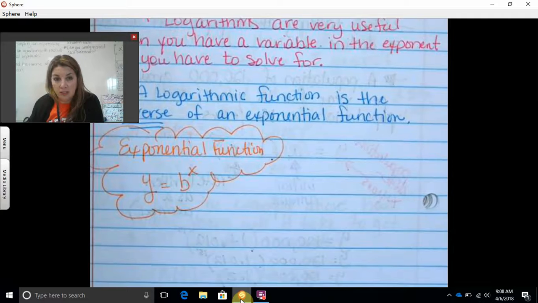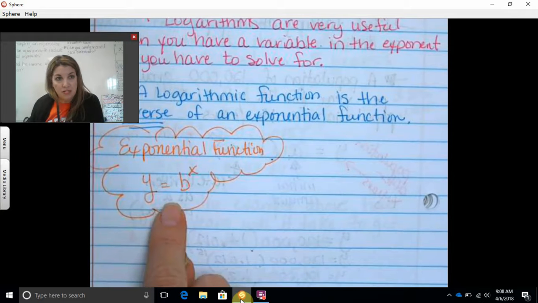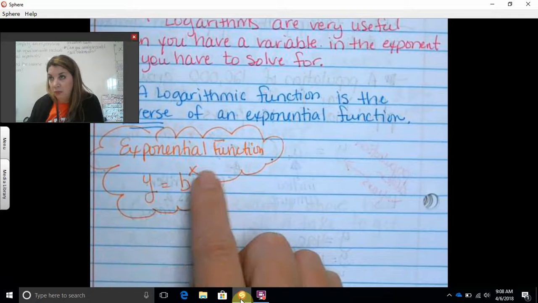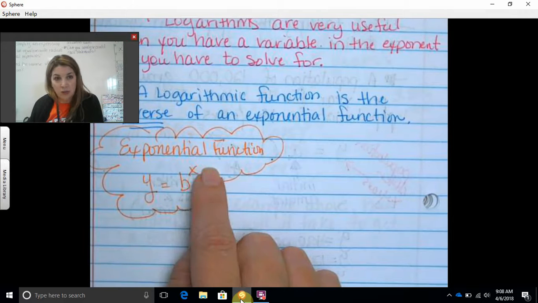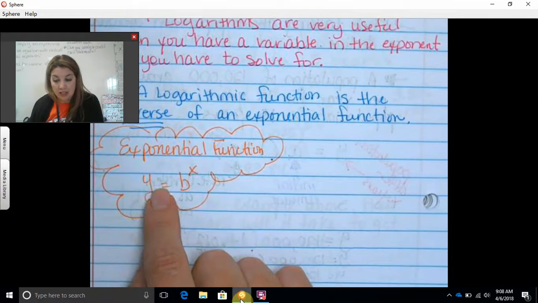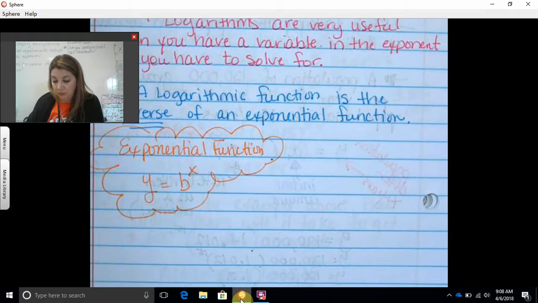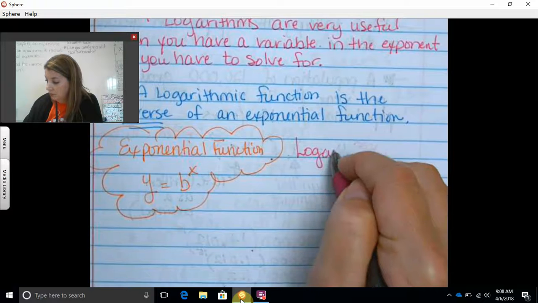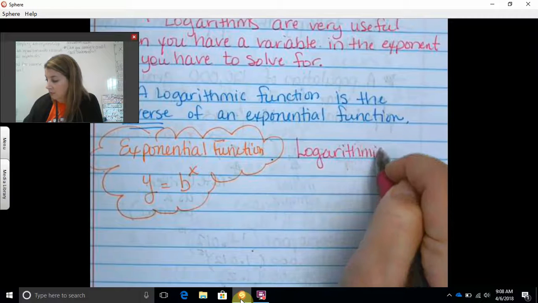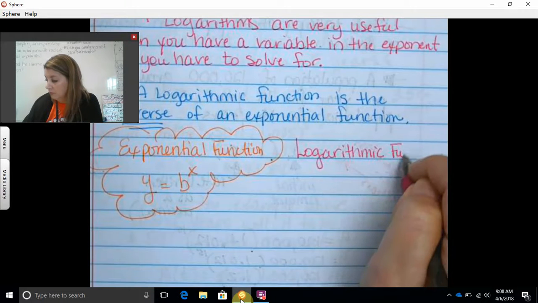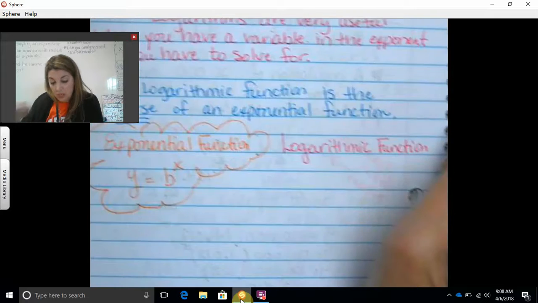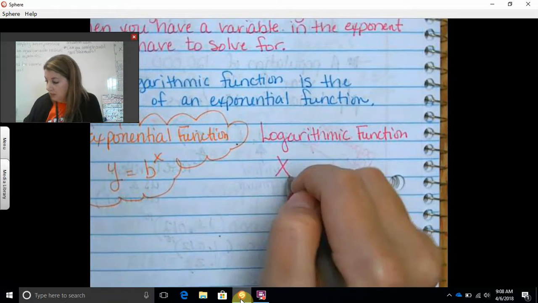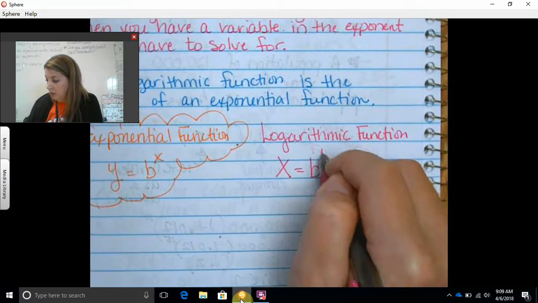So a logarithmic function is the inverse of this. So inverse is when we flip-flop the x and the y. Your y would be your exponent, and then your x would come down here. That is a logarithmic function. So we just change the x and the y. Where you see a y, you'll put an x. Where you see an x, you'll put a y.